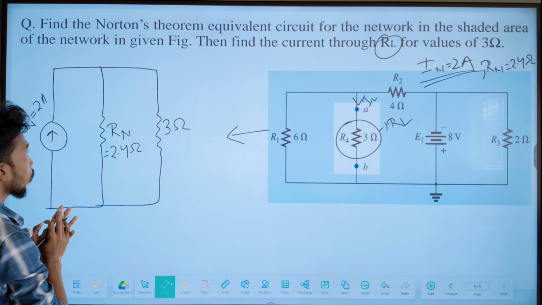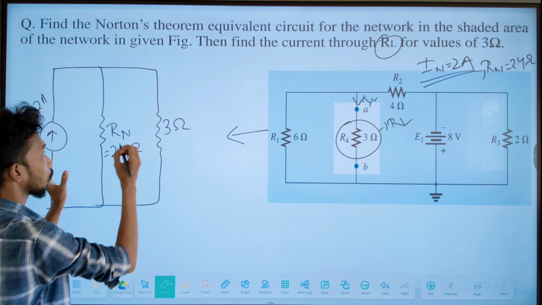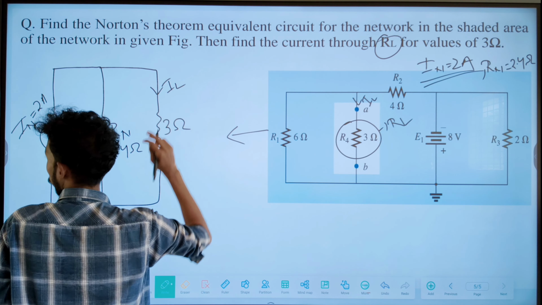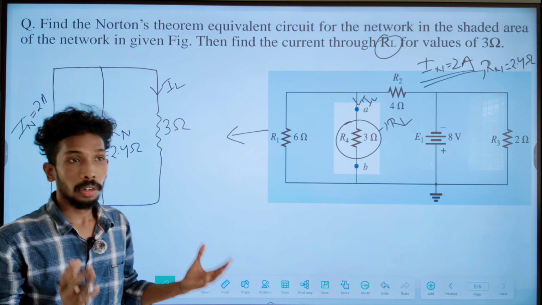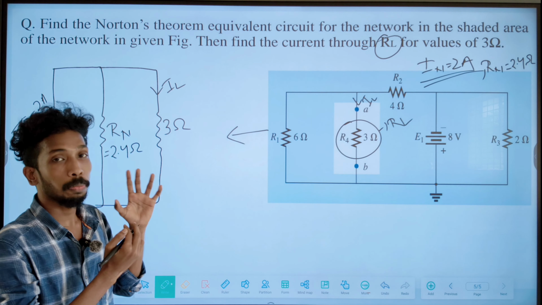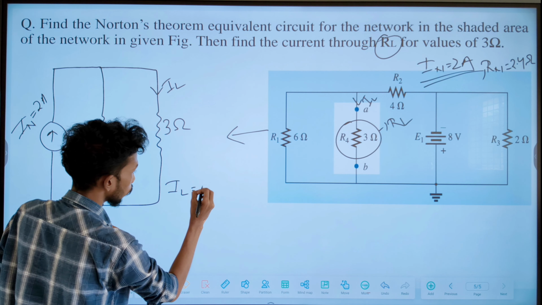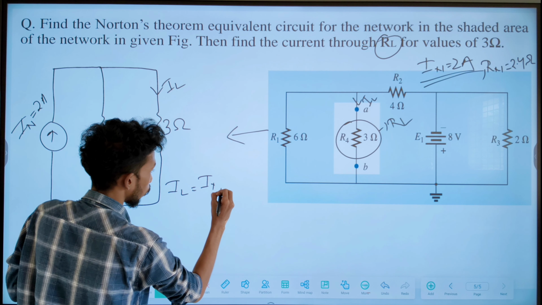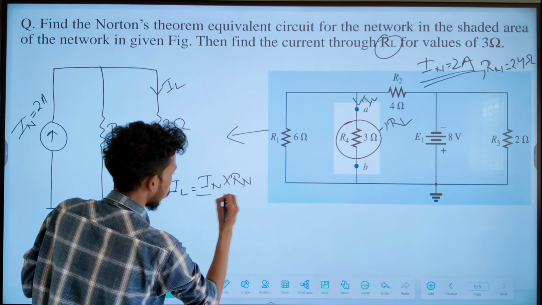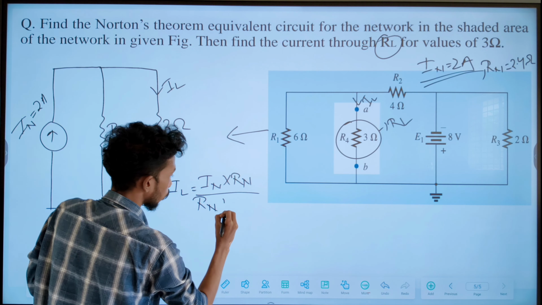Okay. So now they are asking to find out the current flowing in this load resistor, that 3 ohm resistance. So that will be our IL. Now if we apply the Norton theorem to find the current, I can simply write that IL equals IN multiplied by RN divided by RN plus RL.